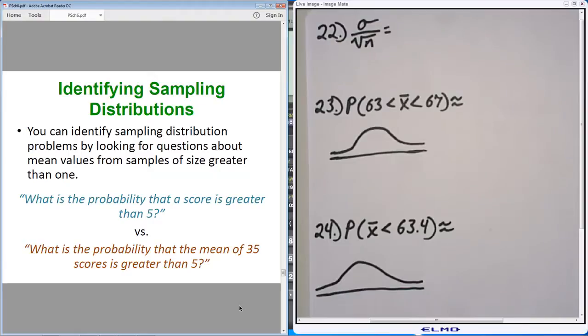Versus the bottom question: what's the probability that the mean of 35 scores is greater than 5? In the bottom question, we're being asked about the mean value of more than one score. So it's a sampling distribution problem instead.